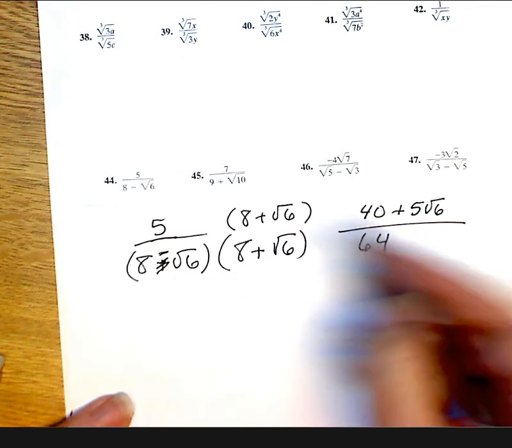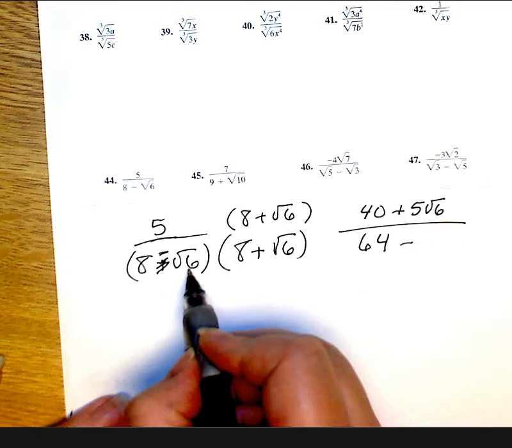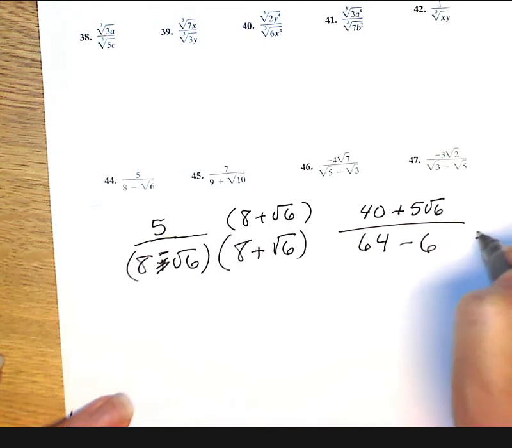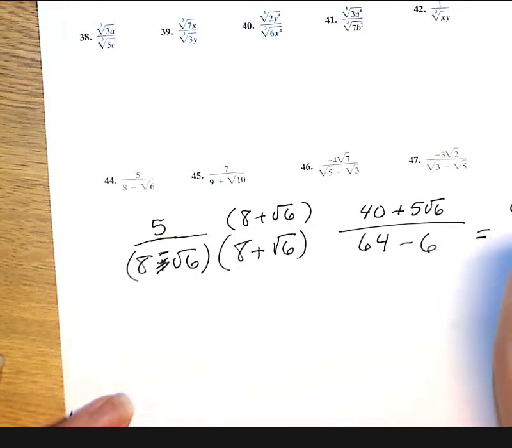And we have a negative. Square root of 6 times square root of 6 is 6. And then our final answer is 40 plus 5 square roots of 6 over 58.